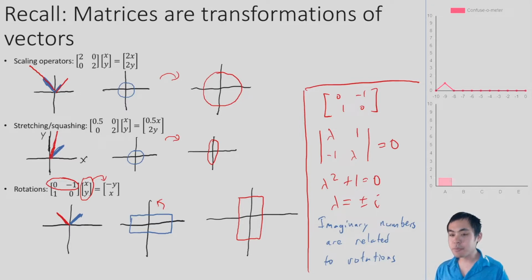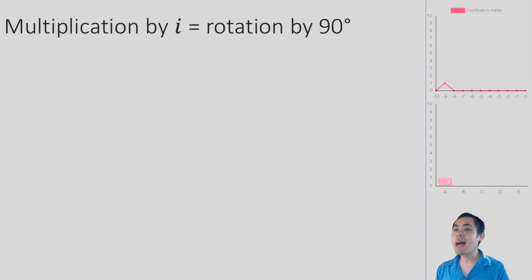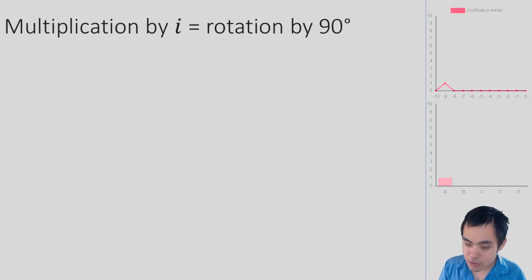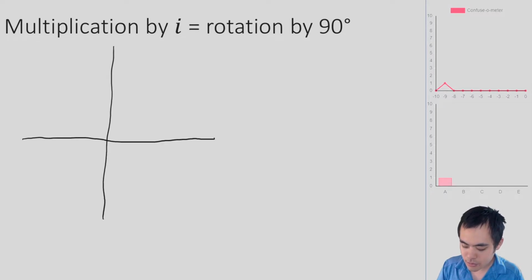And we can see this by just looking at things in the complex plane. Multiplying by i is effectively equivalent to a rotation by 90 degrees in the complex plane. Let me draw this out. Let's say we have a complex plane here, these are the real numbers, these are the imaginary numbers.